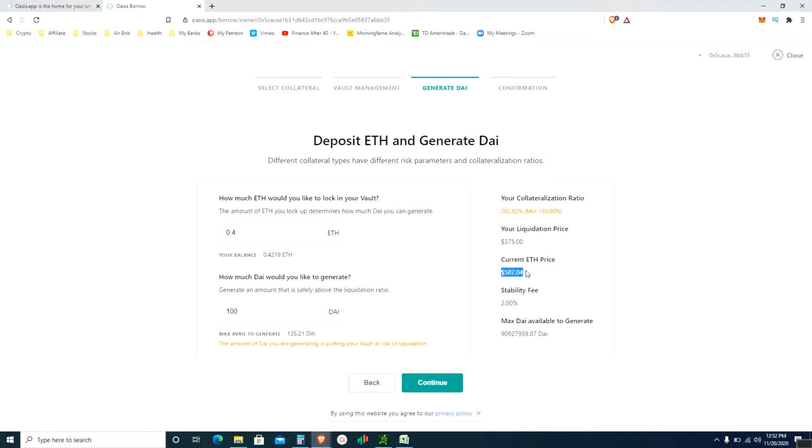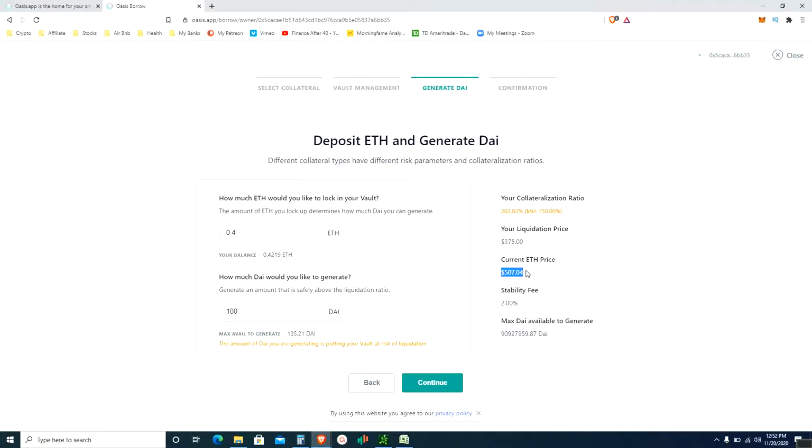It's about 25% from here. So if Ethereum goes down 25% from here, they're automatically gonna pay off the $100 DAI if I didn't pay already, and they're gonna smack another 13% liquidation fee, and whatever is left, they're just gonna send the rest of the Ethereum back into my MetaMask wallet.